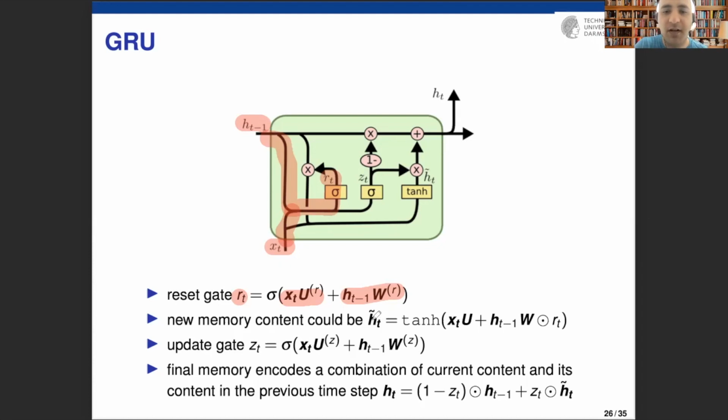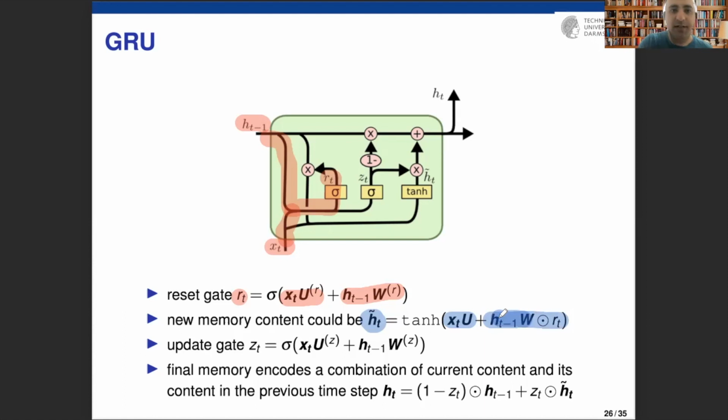So the new memory content, let me use another color, could be represented by tilde H_t, which is the tangent hyperbolic of the linear transformation of x and the linear transformation of the hidden state in the previous step times the reset gate.